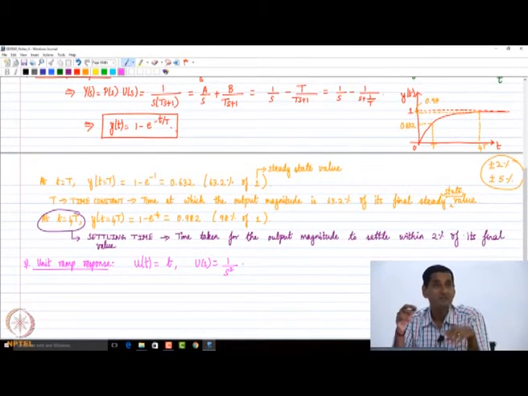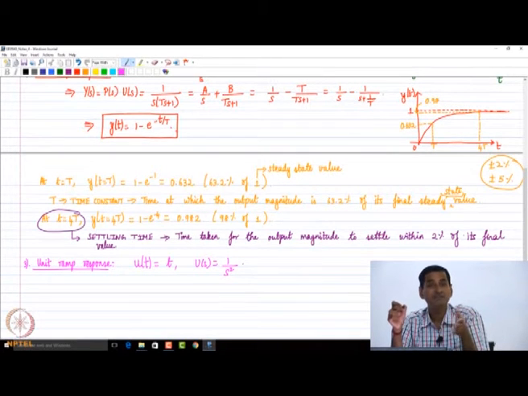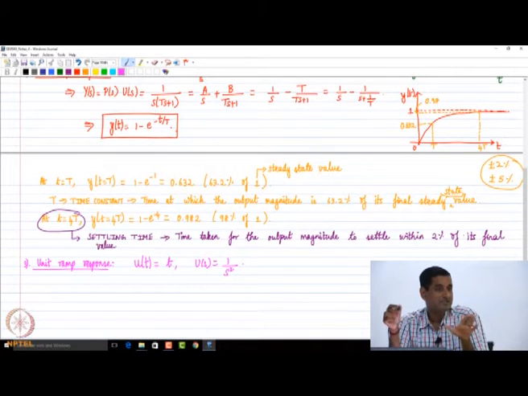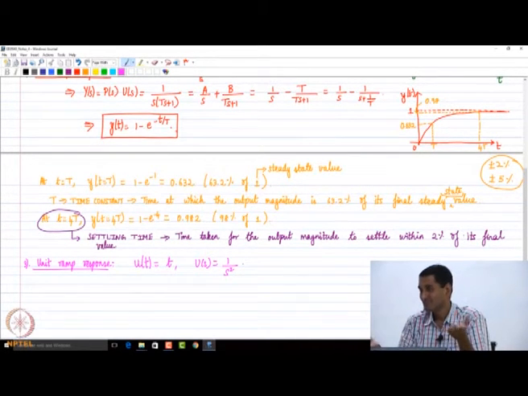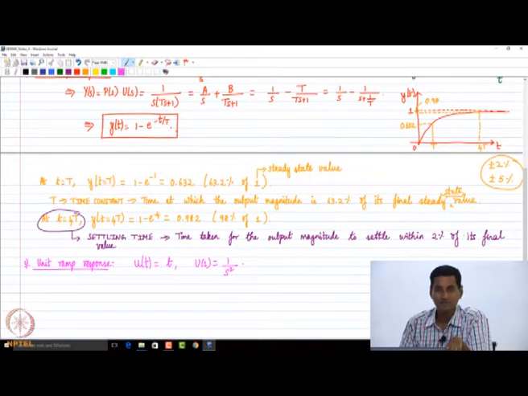For example, if I say design a unity negative feedback, you should already know what that means. If I ask you to calculate the unit step response, you should know what u of t is. I won't say calculate y of t when u of t is 1. I may ask you in practical terms. So please remember these terms and what their meanings are.